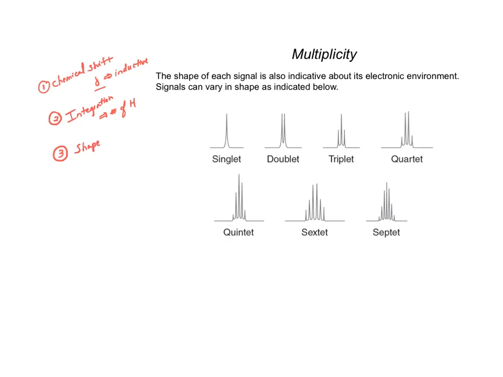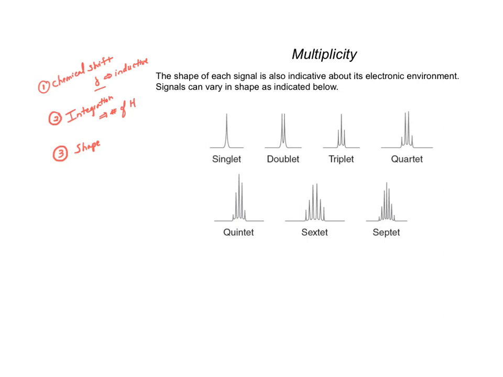So this is probably the most important information that we can come away from with respect to an NMR signal, because it's going to tell us about the other protons that are nearby our proton in our signal, okay? Hopefully I can explain what I mean by that. This is going to give us a good indication of who is nearby each proton that we're dealing with in our NMR spectrum, so that we can essentially piece together the overall structure of the molecule, okay?